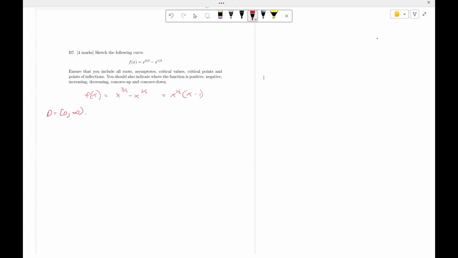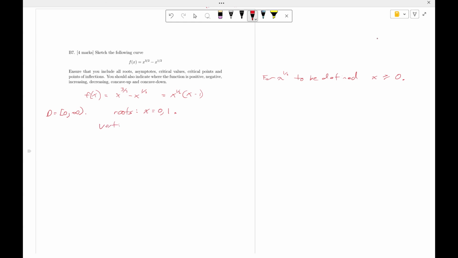So for x to the 1/2 to be defined, x must be greater than or equal to 0. So we have that domain constraint. And now we also have from here the roots are x equaling 0, 1.